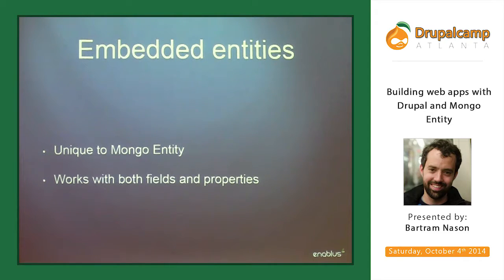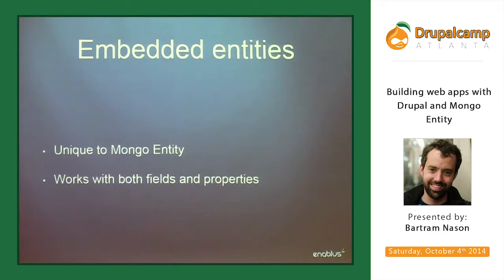So embedded entities I think are pretty cool with this because, if you've ever used, in Drupal 6, I guess, it's field groups. In Drupal 7, it's field collections. If you want to have multiple entities inside of a node or something like that, it just doesn't work very well.